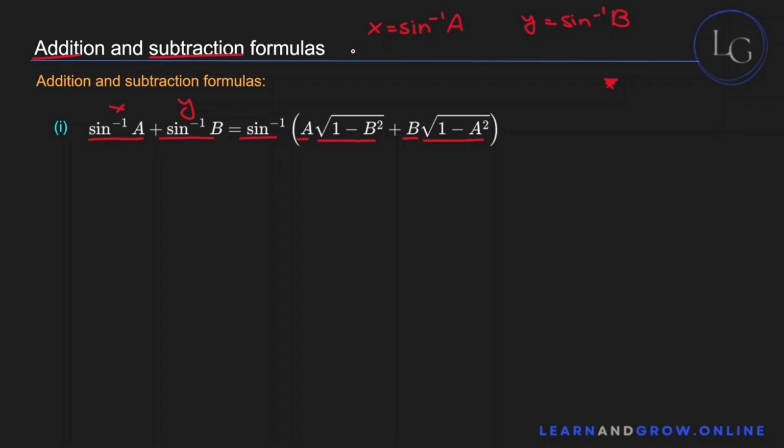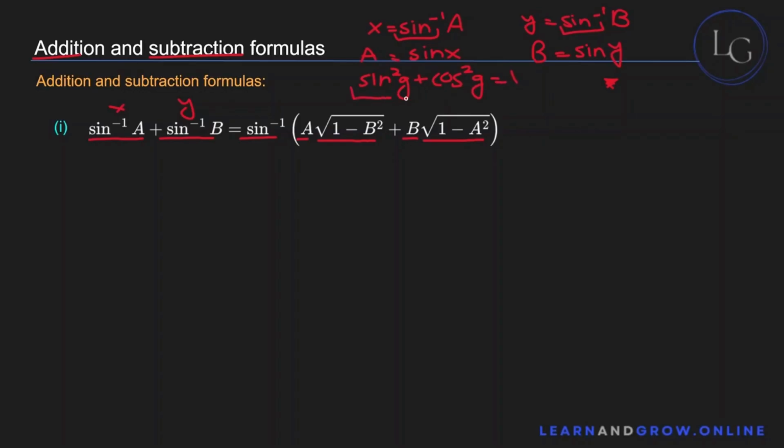So clearly, if you take the sine inverse to the left-hand side of the equations, it becomes a is equal to sine of x and b is equal to sine of y. So a is equal to sine of x, b is equal to sine of y. Now, let's see what we can get for the cosine. We already know the trigonometric identity, that sine square of g plus cosine square of g is equal to 1, right?